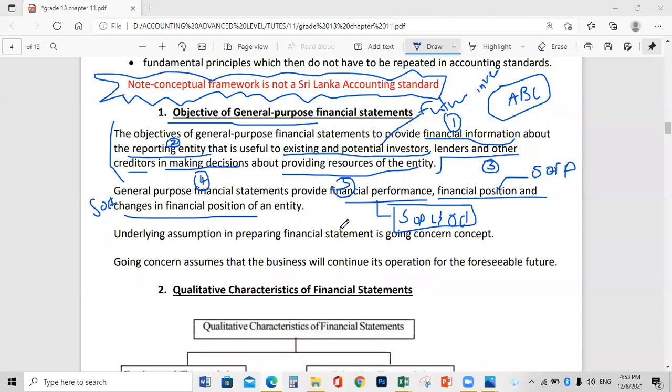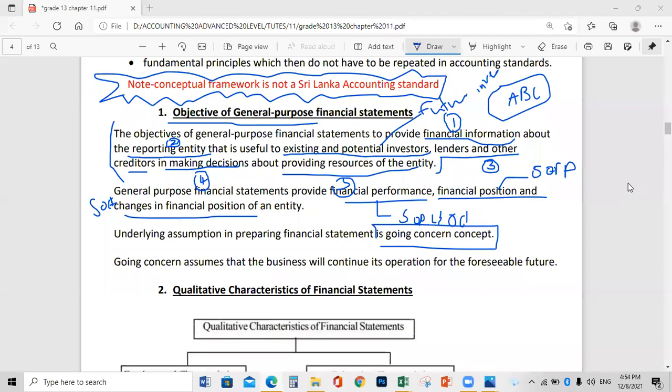The assumption is the going concern concept. Okay, they can ask you this also. But I don't think they will, because it's very easy, and most of the students know the answer. What does that mean? What is going concern?